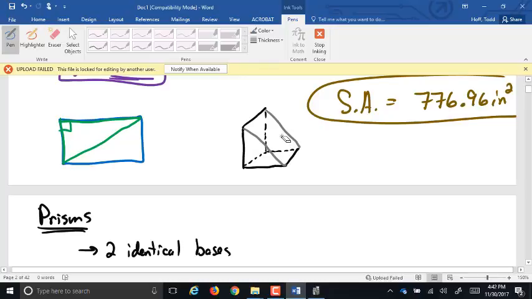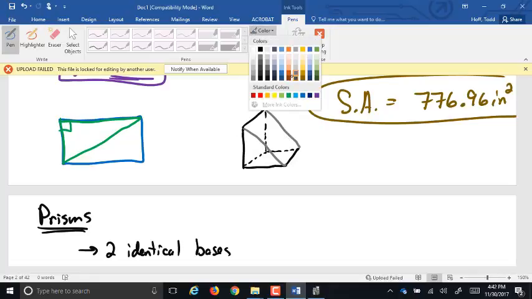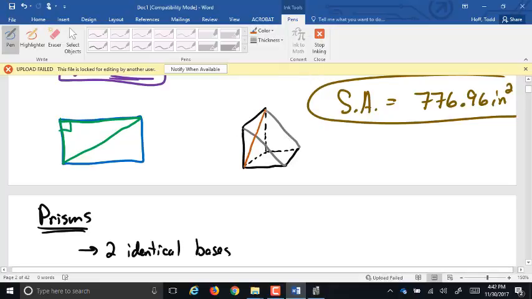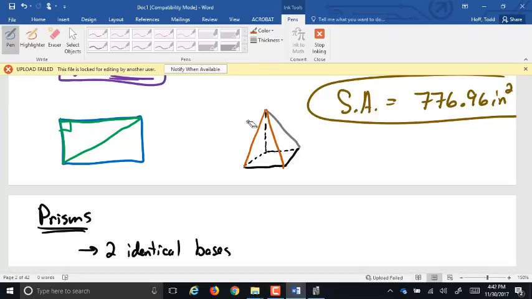The pyramid is smaller than that yet. I would have to cut it again, perhaps like this. Now, it's a pyramid. So the pyramid is less than half. The volume of the pyramid is less than half of the box. It's not a fourth because what we cut off here was just the wedge. It was just the little tip of the wedge. It wasn't the big base.